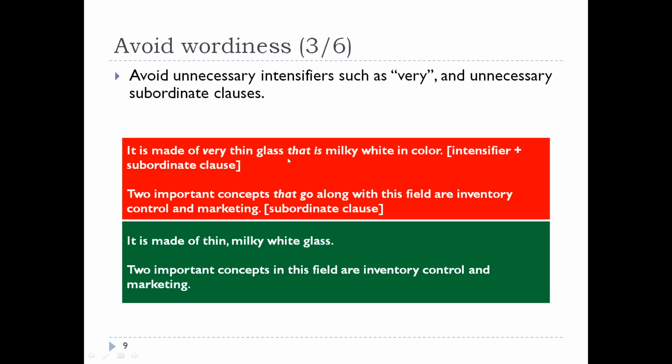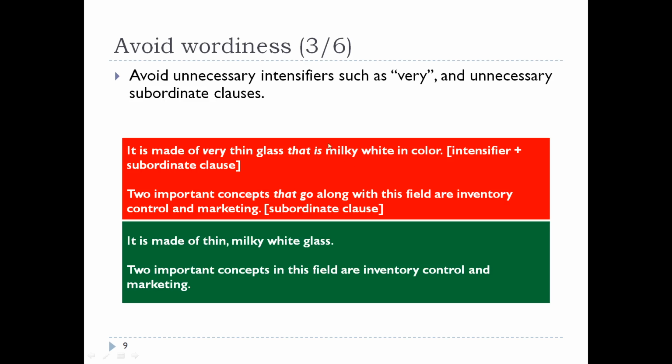"That is milky white in color." Using the words "that is", you are basically creating a subordinate clause. Milky white in color is a subordinate clause to the first one, because you use the words "that is". This is unnecessary. There is no subordinate relationship between the two. Just because the glass is thin, it is not milky white.